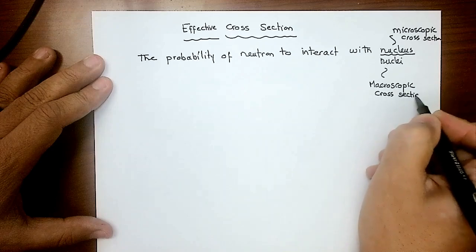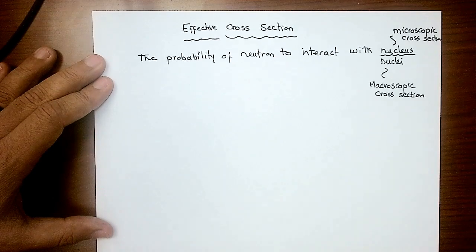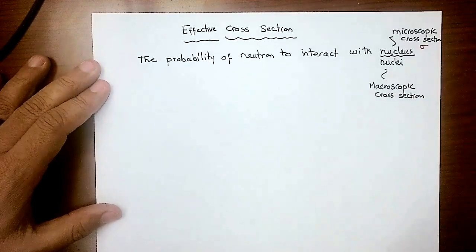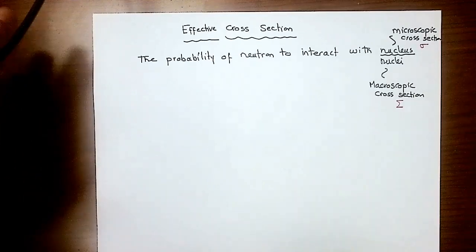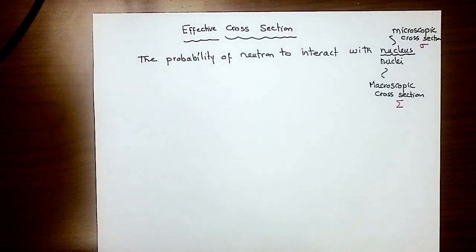So be careful: a single nucleus is not our case, because we're going to have a fuel pellet that has a large number of nuclei. So we're more into the macroscopic one. The microscopic cross section, we call sigma small, and the macroscopic, we give the Latin symbol sigma, capital. Okay, and they are related, as we're going to show here.